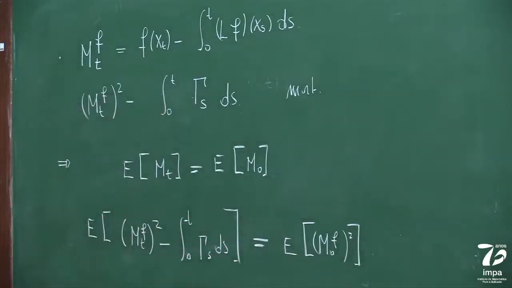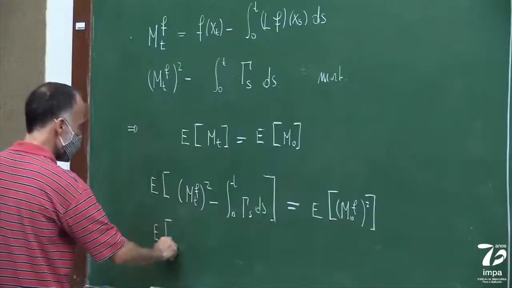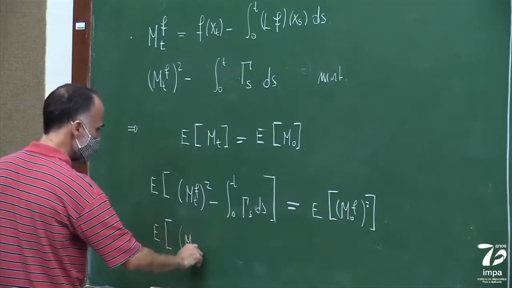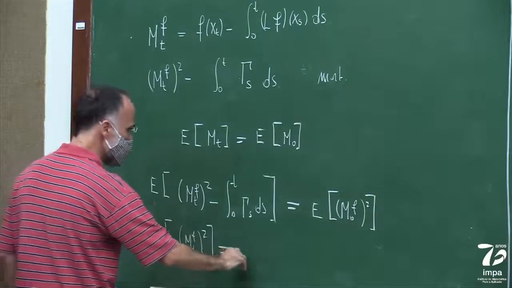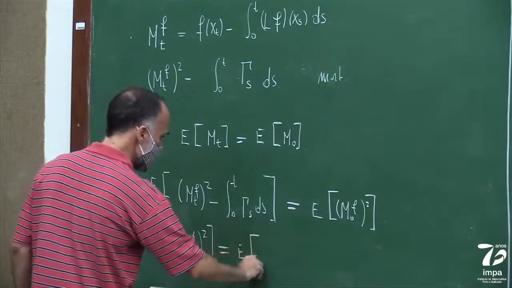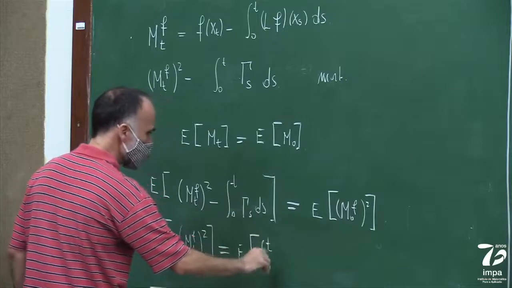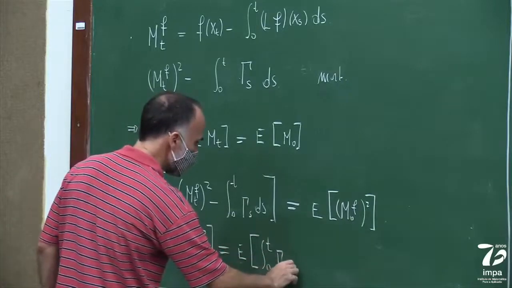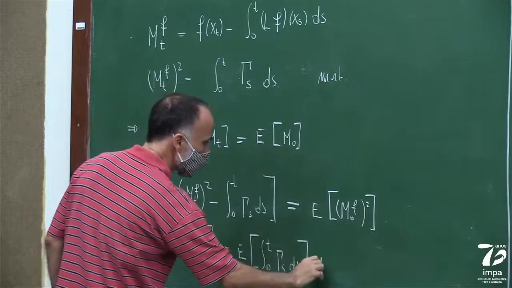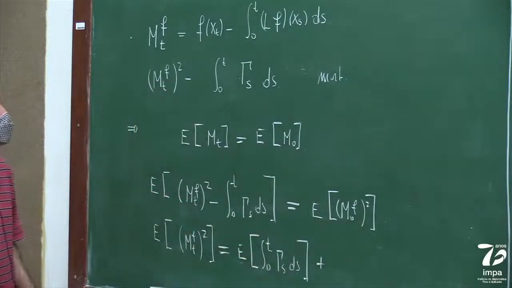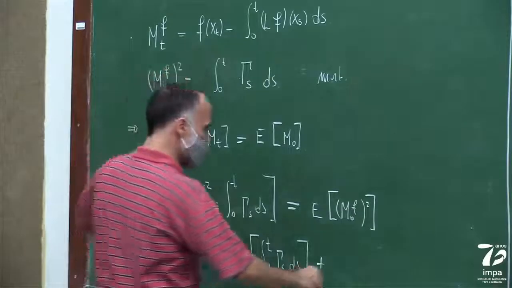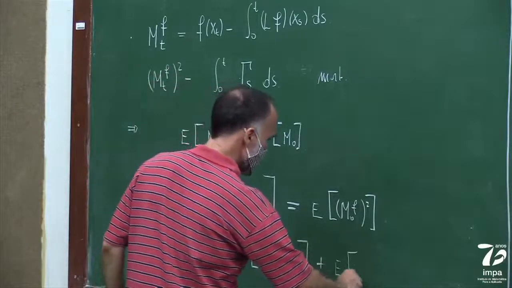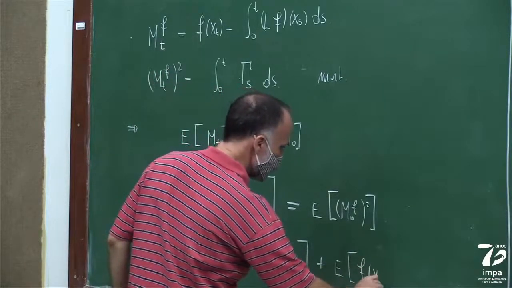And so the expectation of M t f square is equal to the integral of gamma s ds plus this martingale at time 0, which is the expectation of f x 0 square.